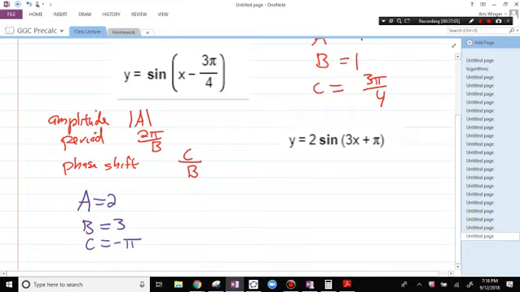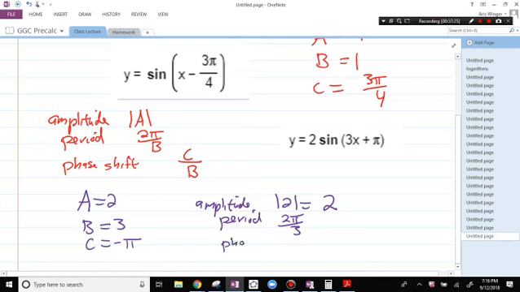And so the amplitude is the absolute value of 2, which is 2. The period is 2 pi over 3, and the phase shift is negative pi all over 3, which indicates it's moving to the left pi over 3 units. And then you just plug that stuff in.